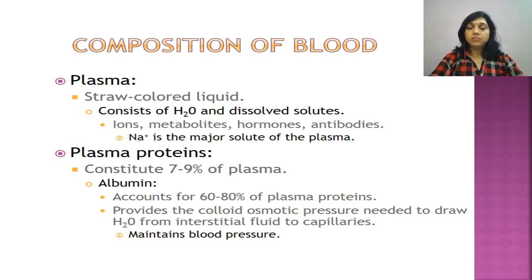The first main protein of plasma is known as albumin. Albumin accounts for 60 to 70% of plasma proteins and provides the colloid osmotic pressure needed to draw water from interstitial fluid to capillaries. It maintains the blood pressure of a normal human being.